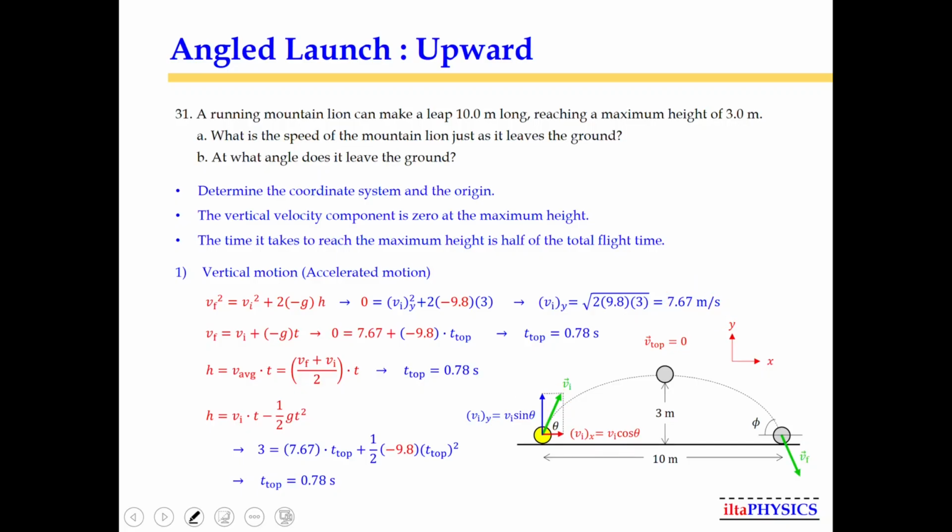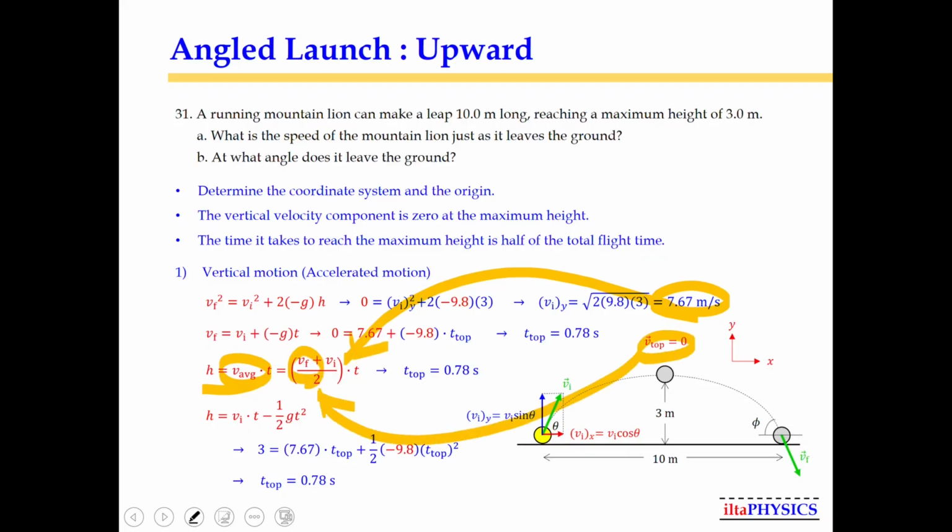Now we can find the time it takes to reach the peak using three different formulas. Any of them will give the same result. The simplest way is using the relationship between average velocity and displacement. The initial velocity is 7.67 and the final velocity at the peak is 0. Plugging these in shows it takes 0.78 seconds to reach 3 meters.